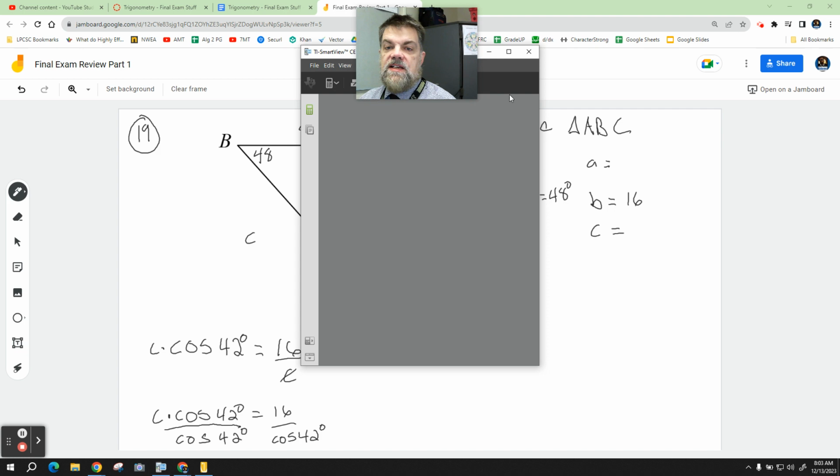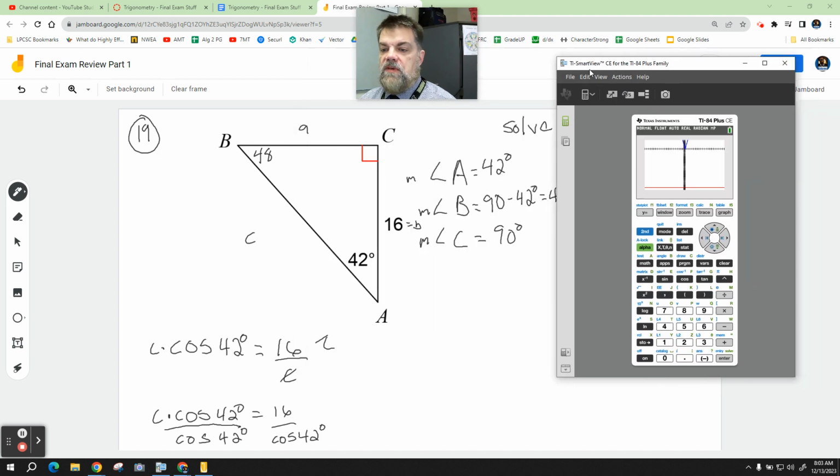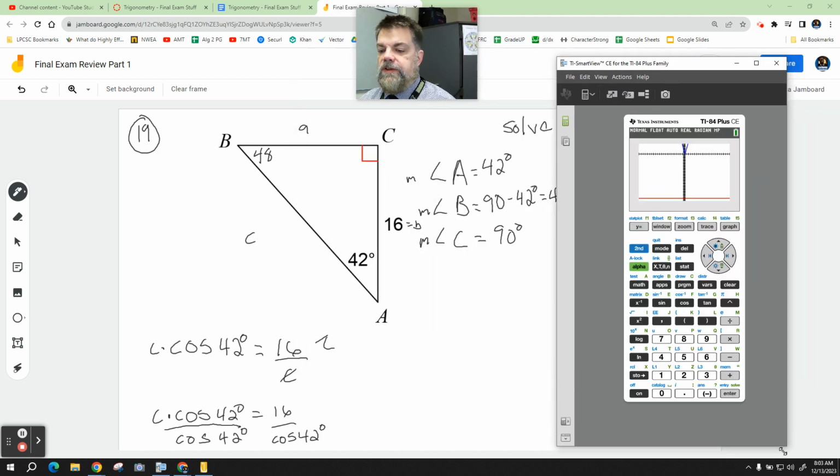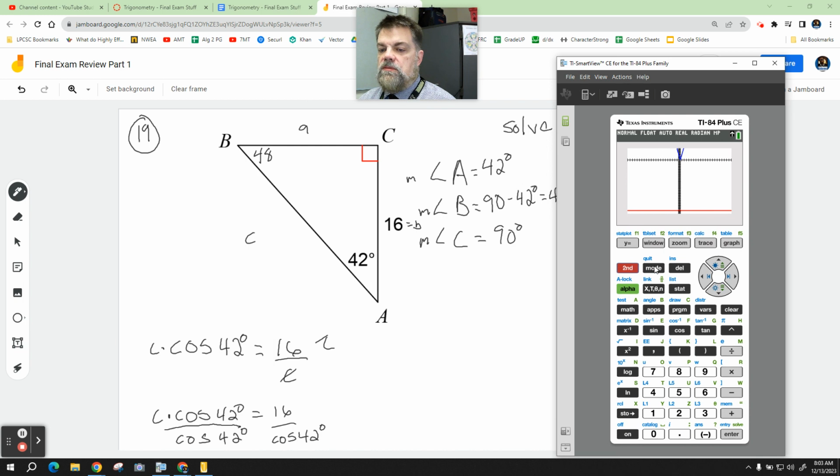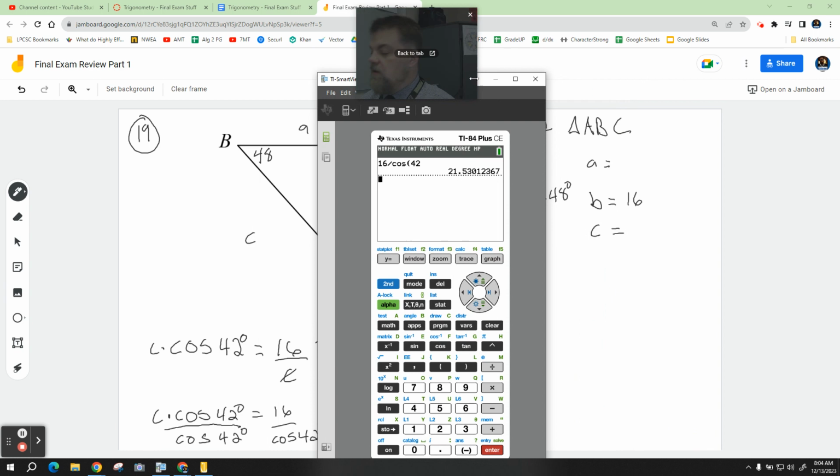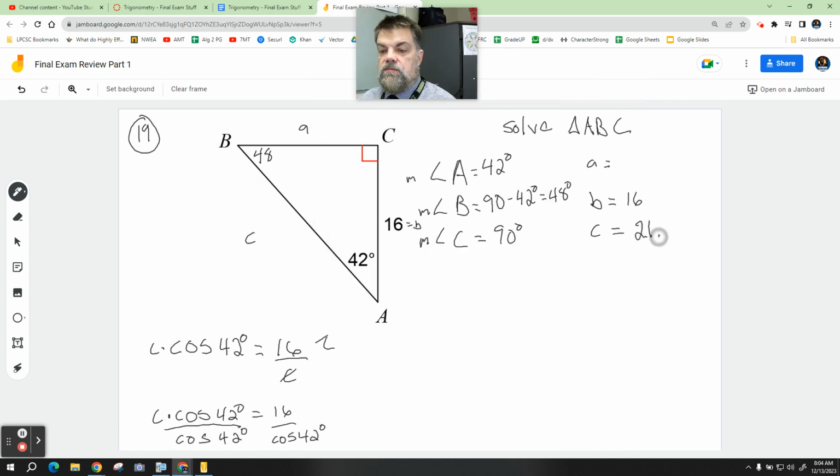So go to mode, it's in radian, so I'm going to change that to degrees. And then I'm going to say 16 divided by cosine of 42 degrees. And I get a decimal, 21.53. That's good enough for me. So c is 21.53 approximately.